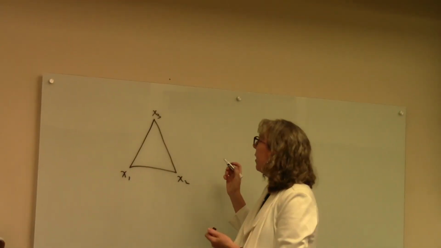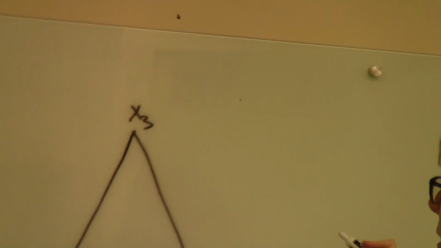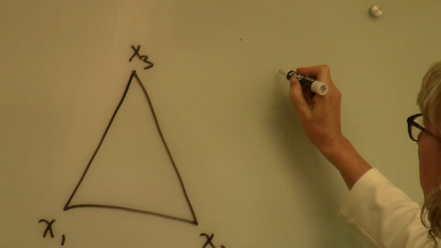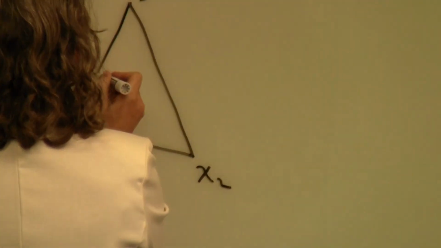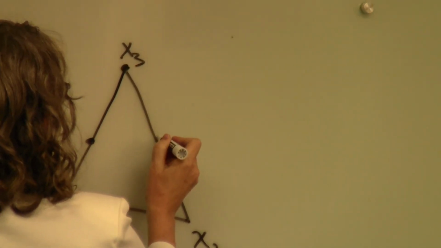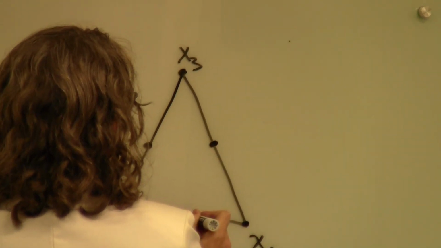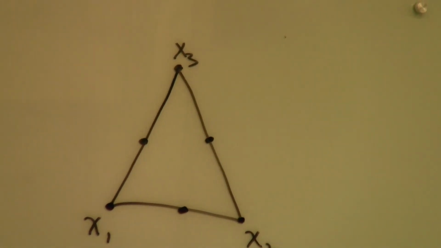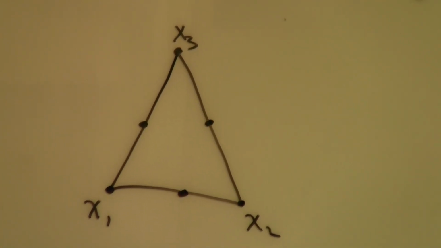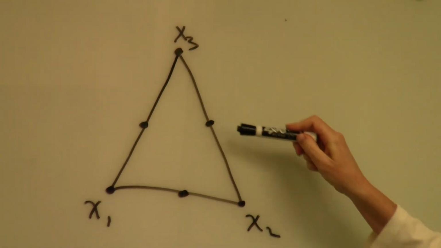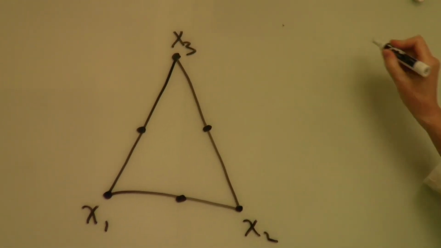If we want to check, let's say, 2 different settings, like 0, 1/2, and 1 on each axis, this is what it's going to look like for our design. We're going to have this many points: 1, 2, 3, 4, 5, 6.